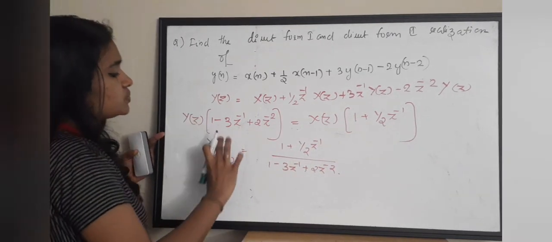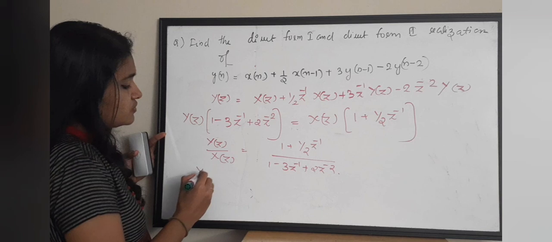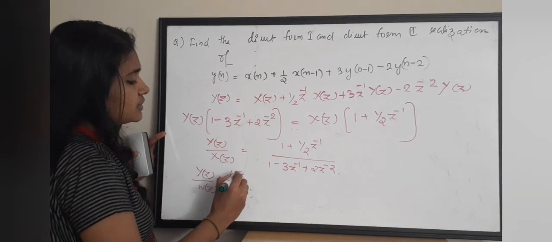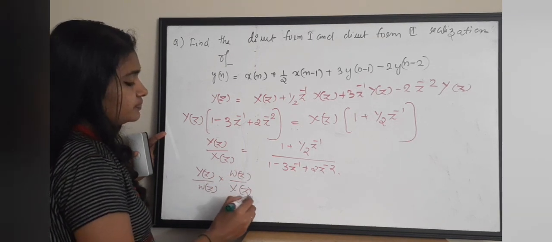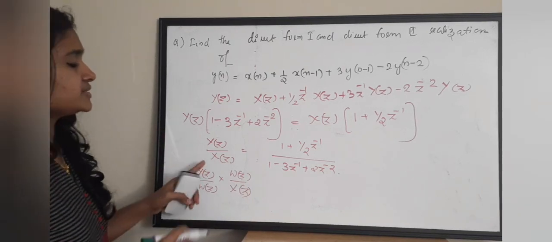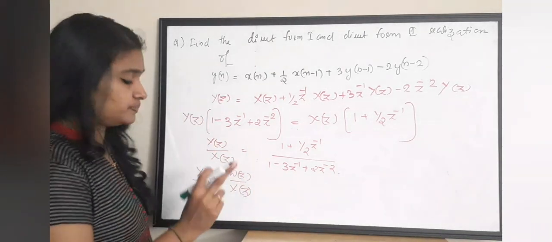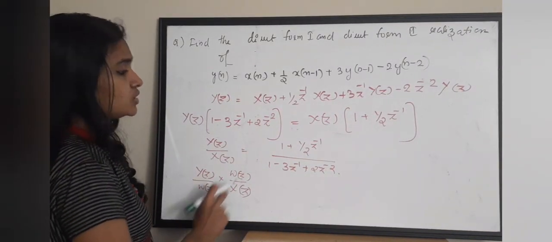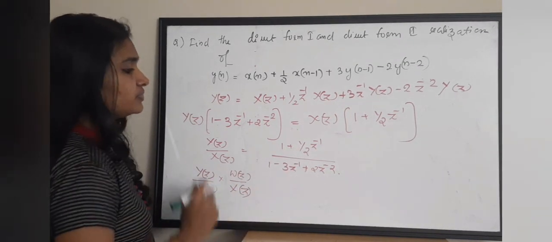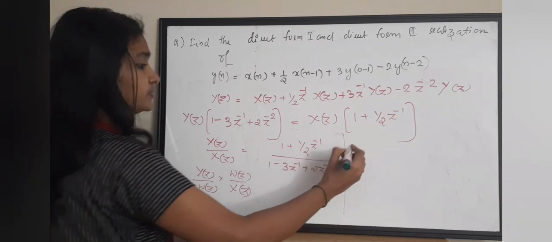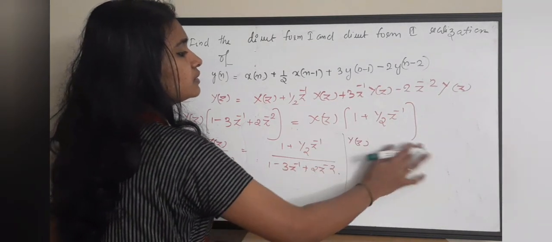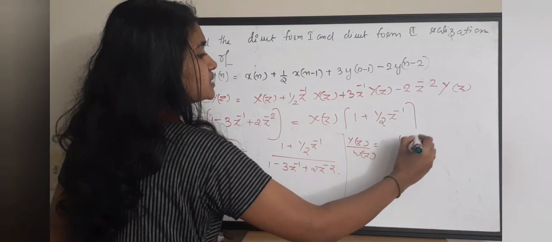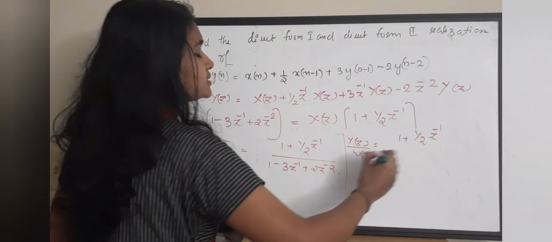Now write this Y of z by X of z as Y of z by W of z into W of z by X of z. You have split this numerator and denominator using the W of z term. Now take this as your numerator and this as your denominator. Y of z by W of z is equal to 1 plus 1 by 2 z inverse.